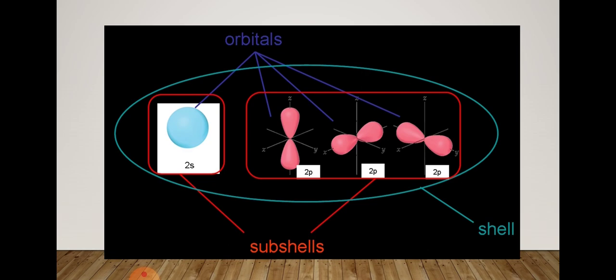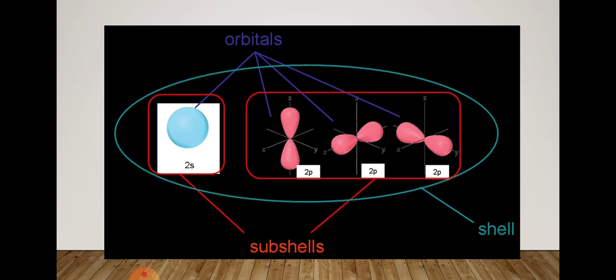So the atomic model is based on the wave nature of the moving electron, and an atom is made up of two parts. Number one, a positively charged nucleus, and number two, a three-dimensional region around the nucleus where electrons are present.